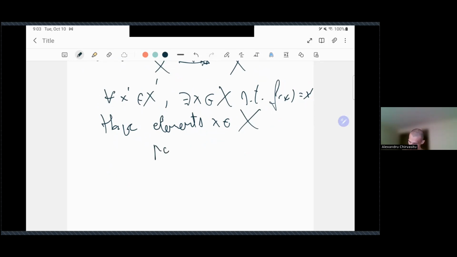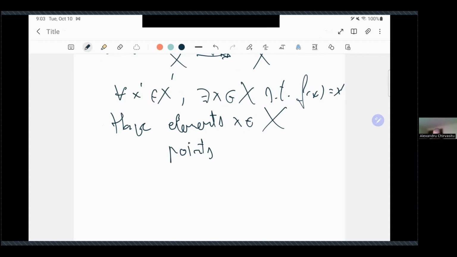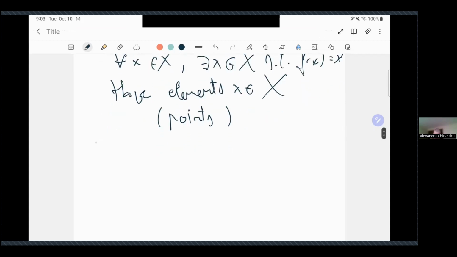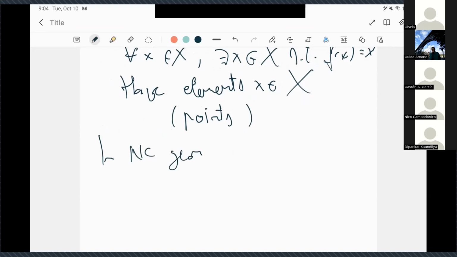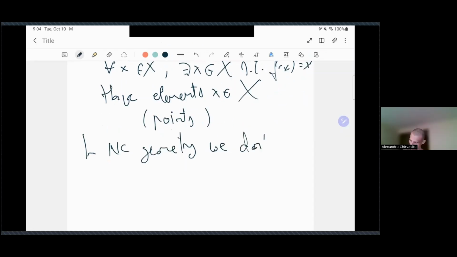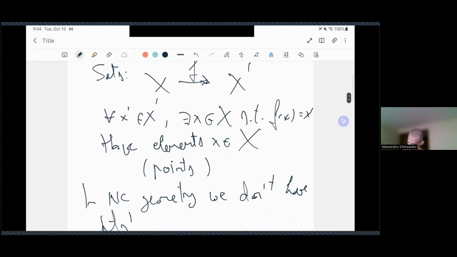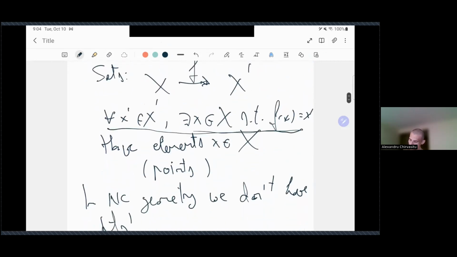So sometimes when X is something like a space, we refer to its elements as points. But the whole issue is that in NC geometry, we don't have points. So this doesn't make sense. You can't write this. There are no little x's.